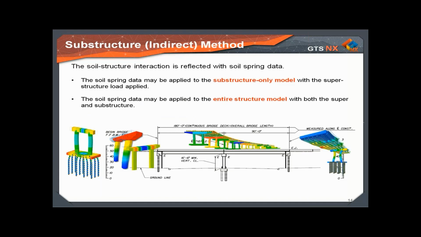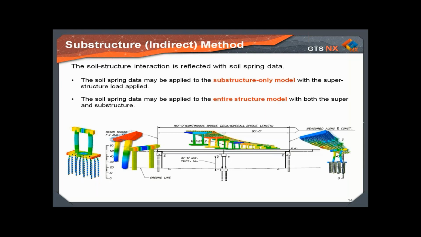This is the method that most structural engineers are most familiar with, either using finite element analysis software or simpler design software for most cases. Structural engineers reflect the soil and soil structure interaction using soil spring data. There are largely two ways for the indirect method too.